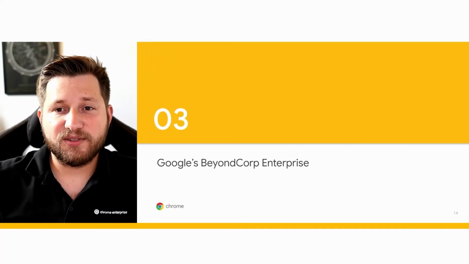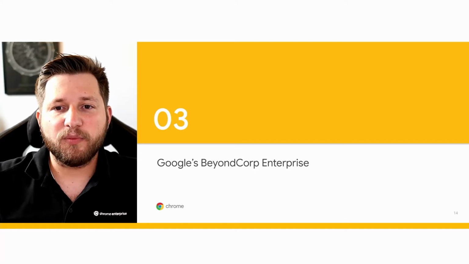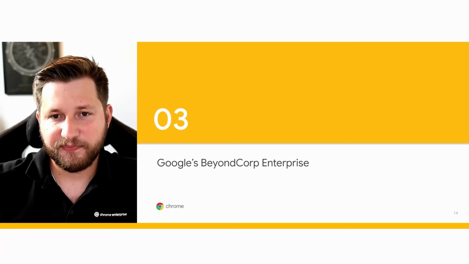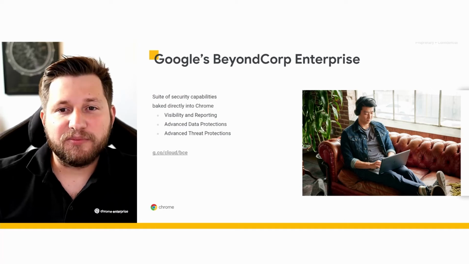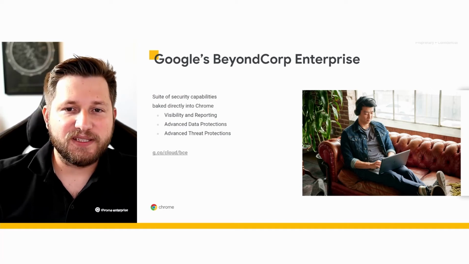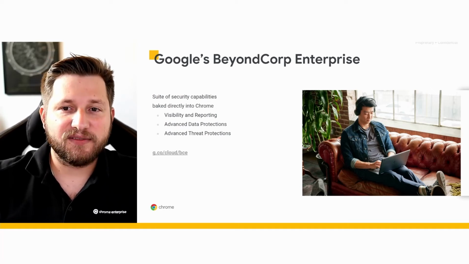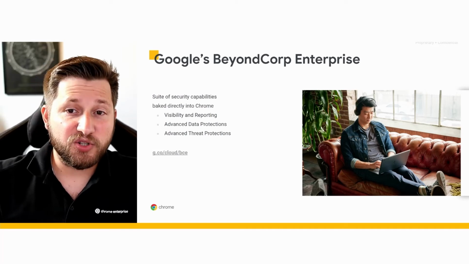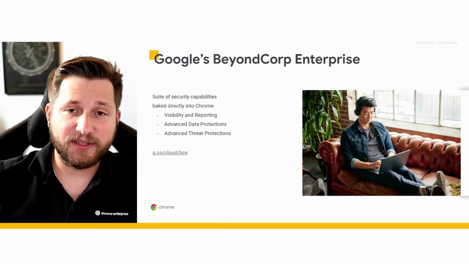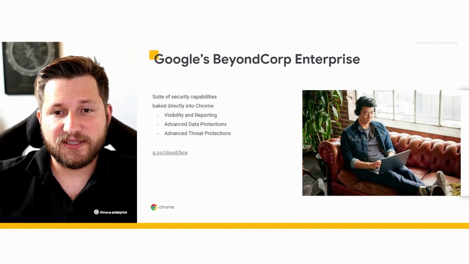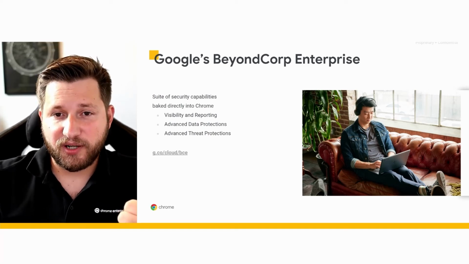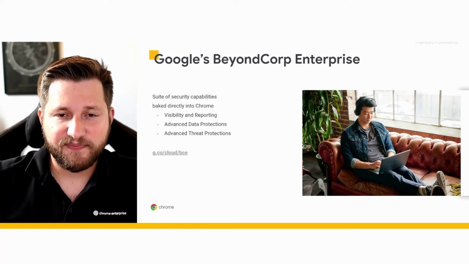Next thing I want to cover is Google's newly released BeyondCorp Enterprise solution. This is Google's zero trust solution that provides simple and enterprise-grade secure access to business-critical applications and cloud services directly from Chrome, while ensuring that your private data is also protected. Some of the core benefits of BeyondCorp Enterprise fall into these three buckets: visibility and reporting, advanced data protections, and advanced threat protections.